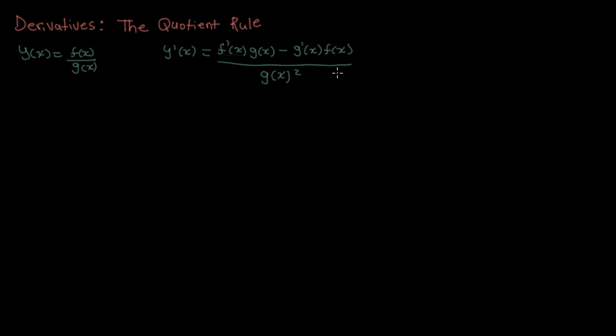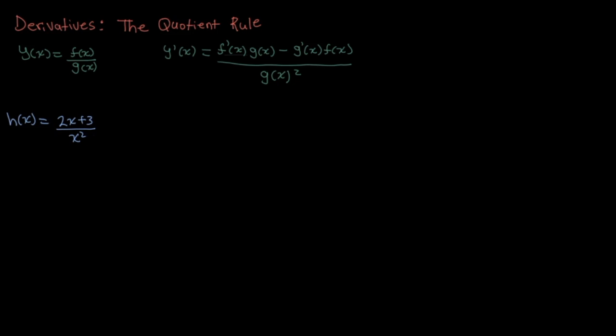So to see how this works in action, we're going to do an example where we have a function, let's say h at x is equal to 2x plus 3 over x squared.